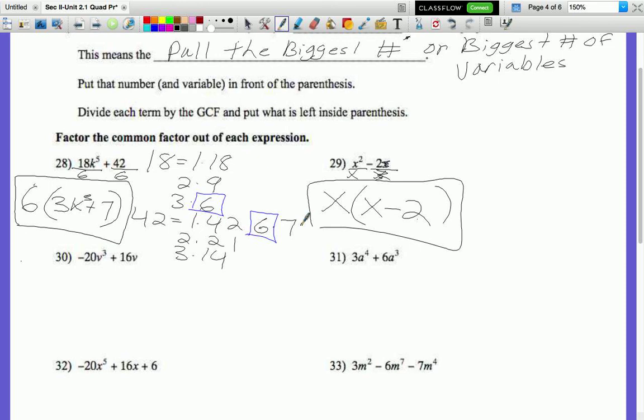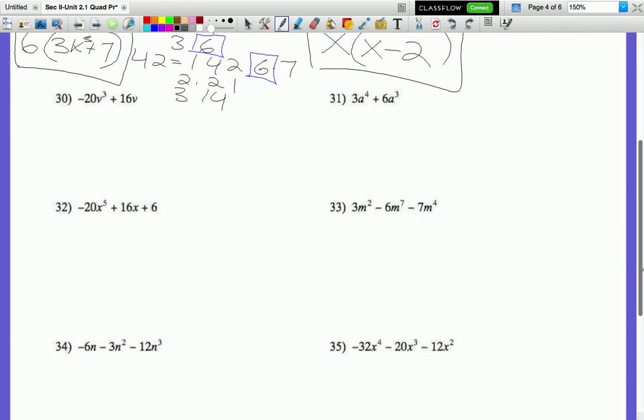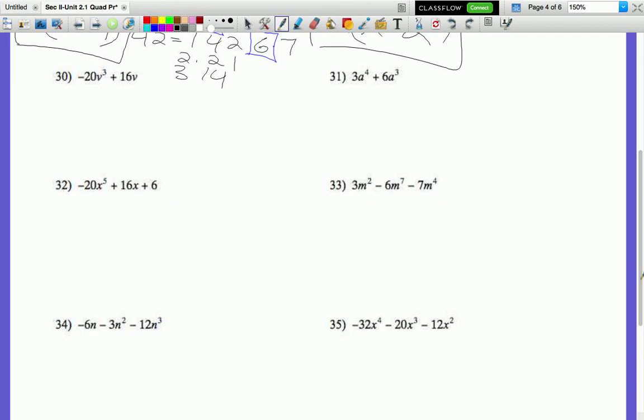So let's try 31. 31 is a good example. It shows us both. It shows us the biggest number and biggest number of variables. Now, once again, let's start with numbers. Does 3 and 6 have anything in common? Yes, you could be shaking your head, yes. It has a 3 in common.